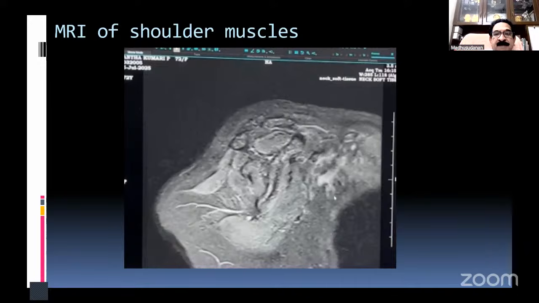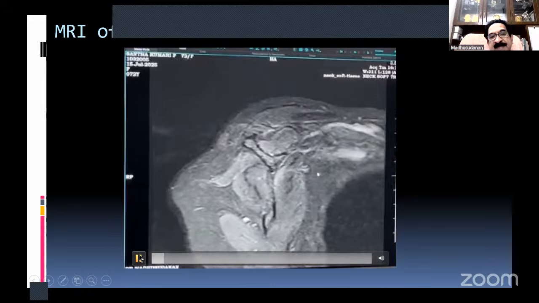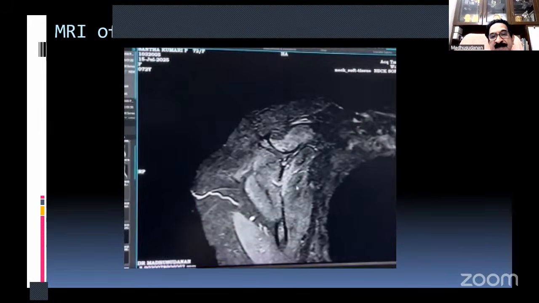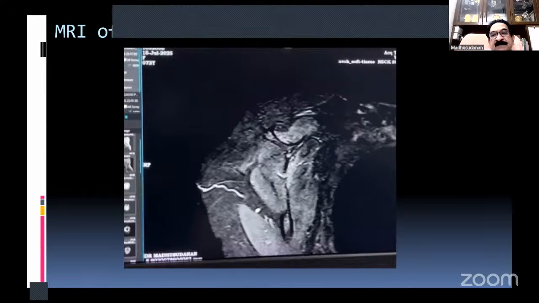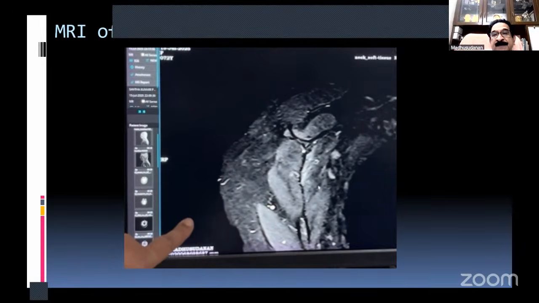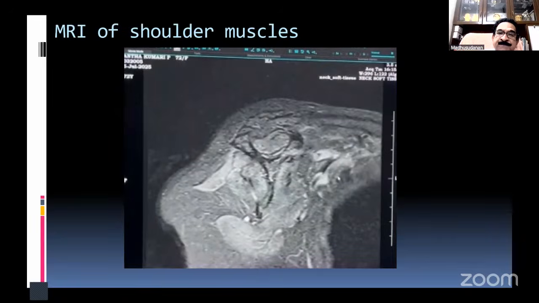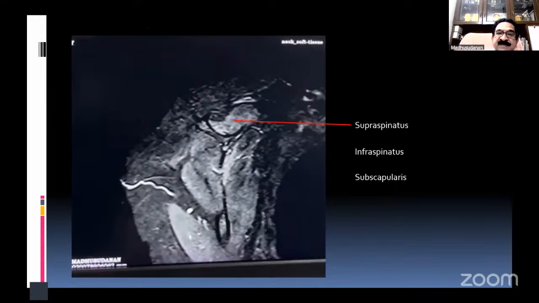Okay, this is the MRI of the shoulder. I will show the static picture. That is the supraspinatus, that is infraspinatus, and that is subscapularis. All were showing hyperintensity in the muscle.